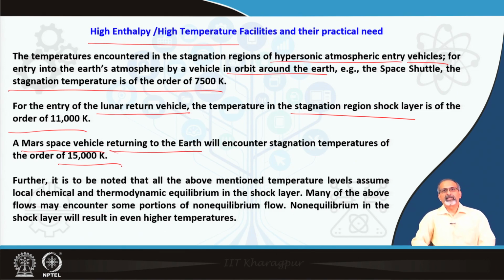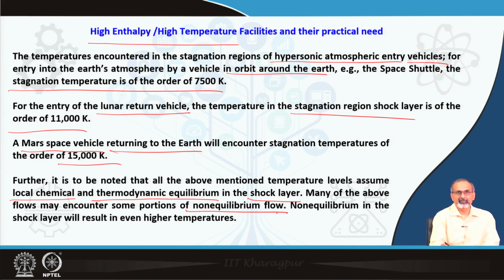Further, it is to be noted that all the above mentioned temperature levels that we are talking about assume local chemical and thermodynamic equilibrium in the shock layer. Many of the above flows may encounter some portions of non-equilibrium flow, which is evident from some of our earlier discussions too, around typical blunt bodies or nozzle flows that we have discussed earlier.